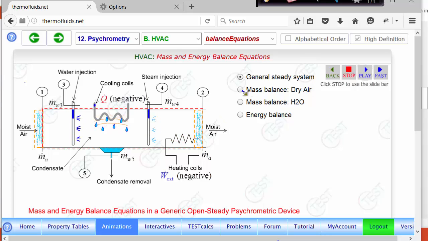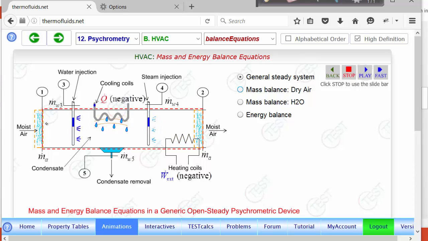Think of the mass equation first. Whenever we talk about mass conservation for moist air, we separate that into dry air and water vapor conservation. Obviously, dry air is conserved in this problem.